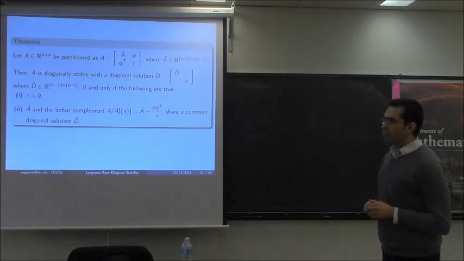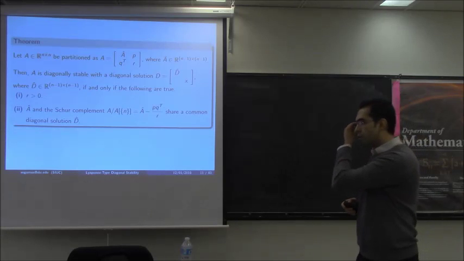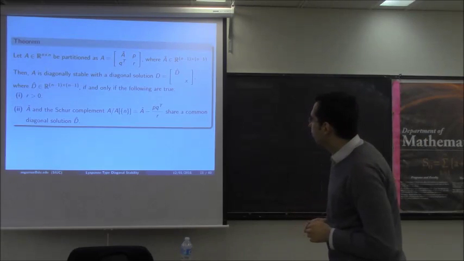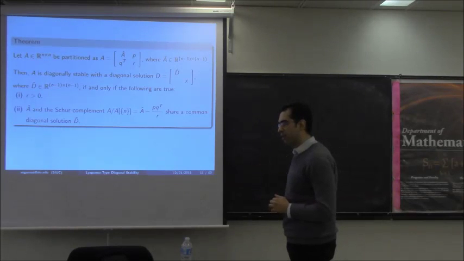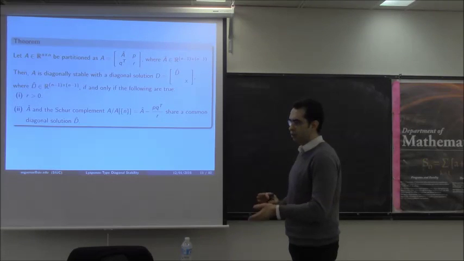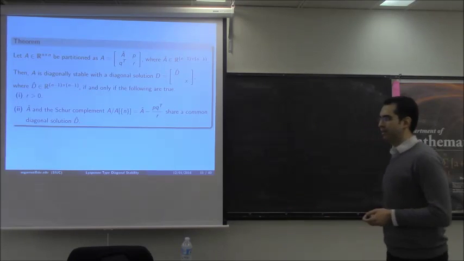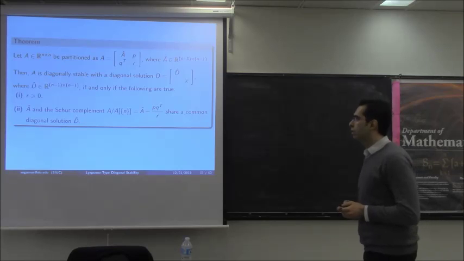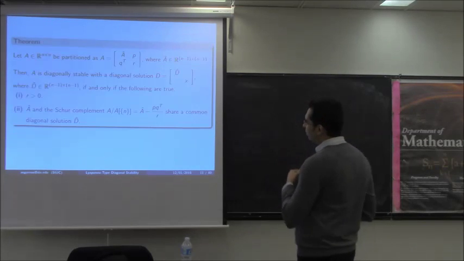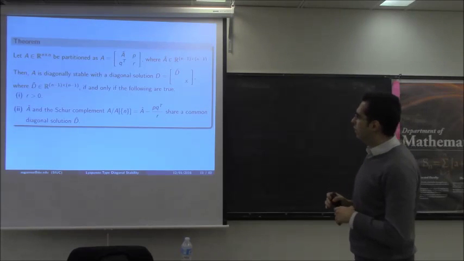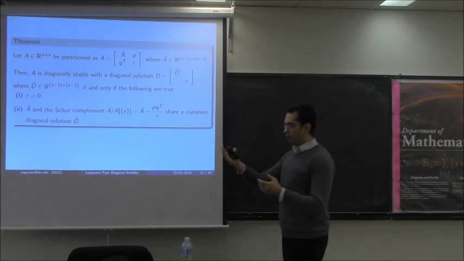I have a question. Can you always find R positive for any A? R should be a positive number. It's a necessary condition for diagonal stability. If it is not positive, then it is not a diagonally stable matrix. Under that condition, you can always find such R. Oh, they already assume R. Okay, yeah. Sorry, I just skipped that part. Thank you very much for the question.